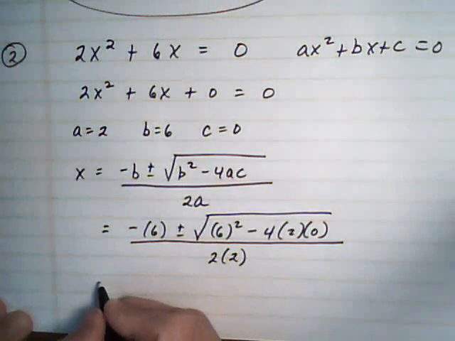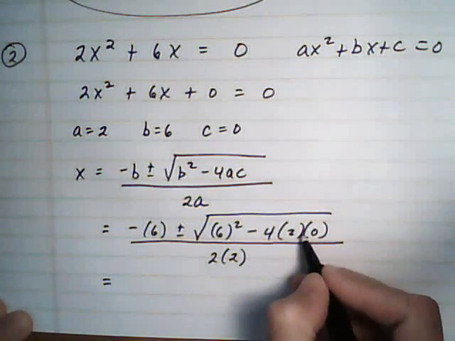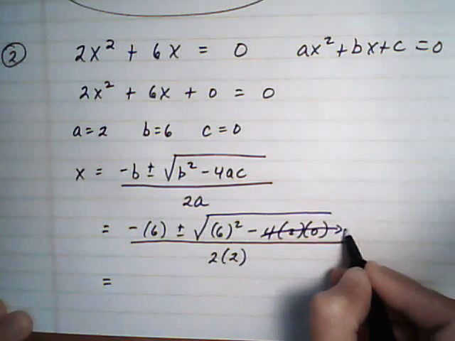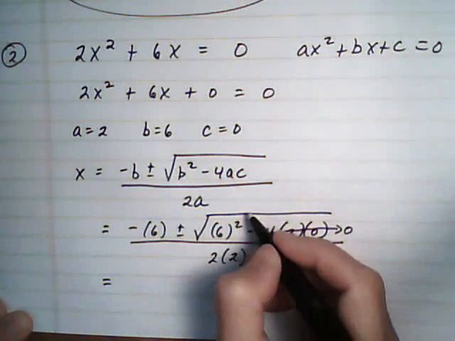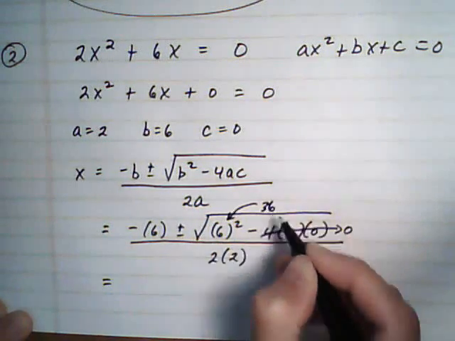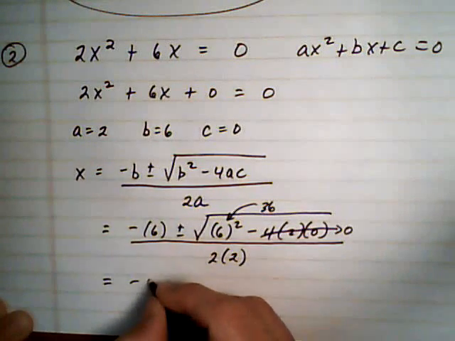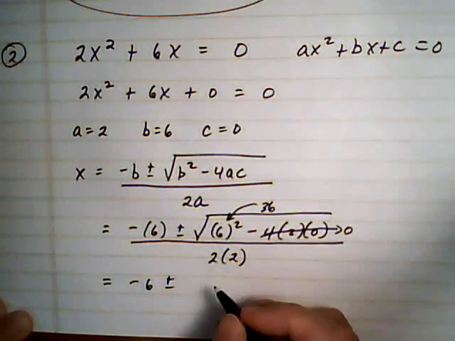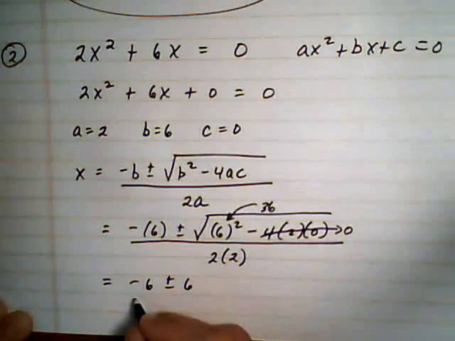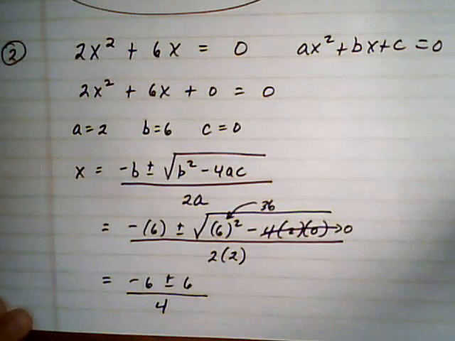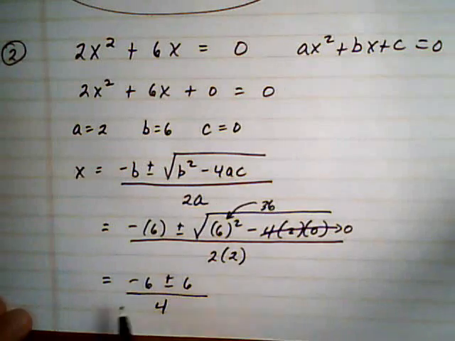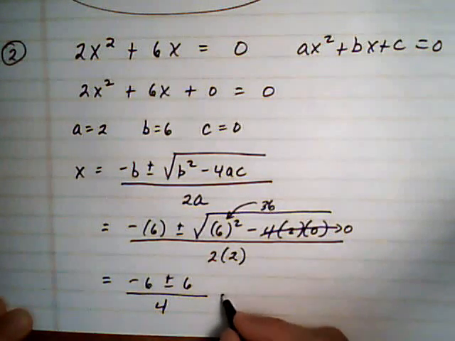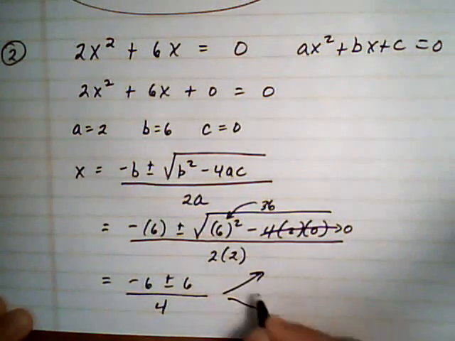And now we'll evaluate the insides. 4 times 2 times 0 is all going to be 0 because of the 0. And this is going to be 36. So what we have is minus 6 plus or minus the square root of 36, which is 6, all over 4. And again, we want to use the plus first and then the minus to evaluate our two possible solutions.